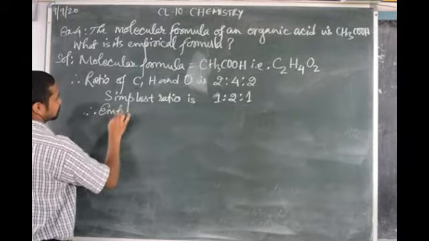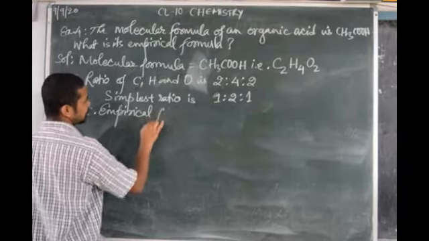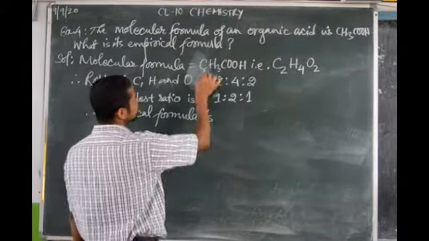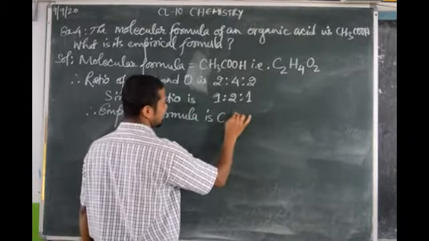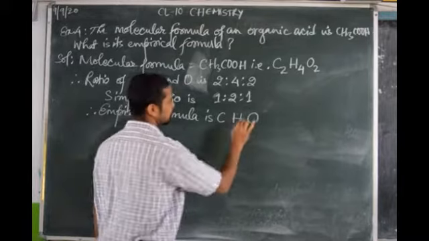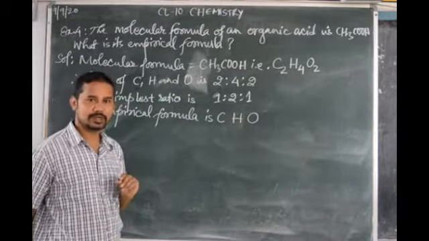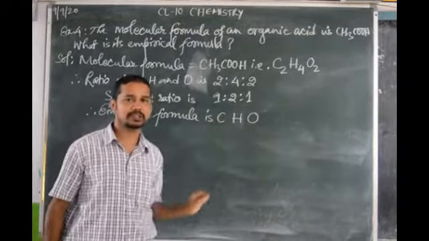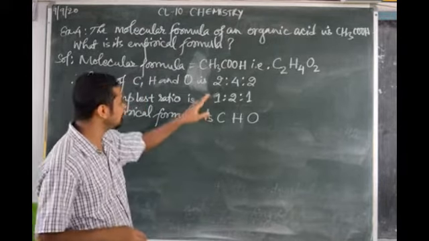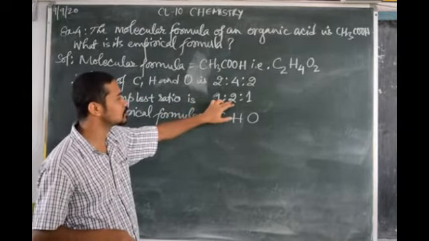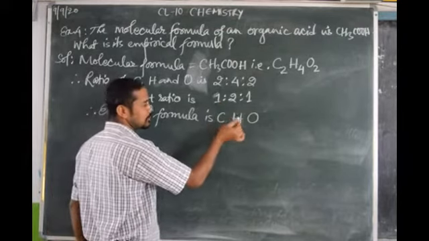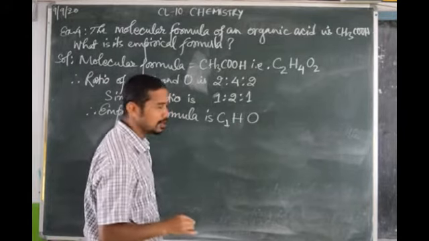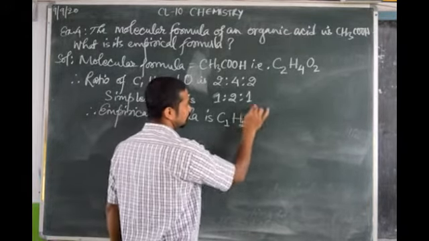Now what you can write is the empirical formula. Now you write the symbols C, then H, and then O. Yes, step number 5: you write the symbols of the elements present in the molecule. Then, the simplest ratio we got here is 1:2:1, and this 1 is for carbon, so you write it at the lower right of the symbol: C1, H2, O1.